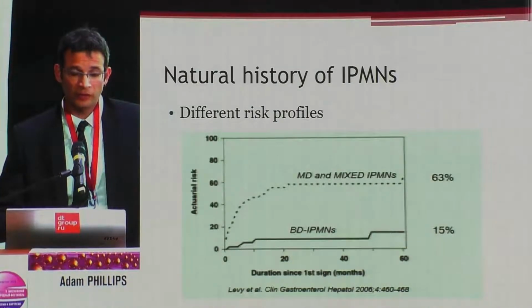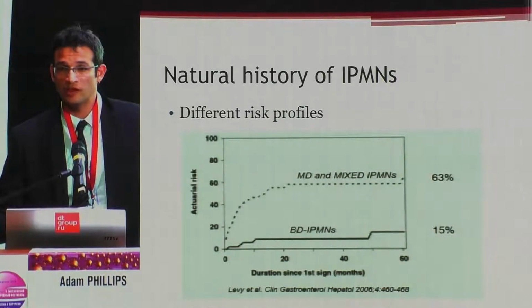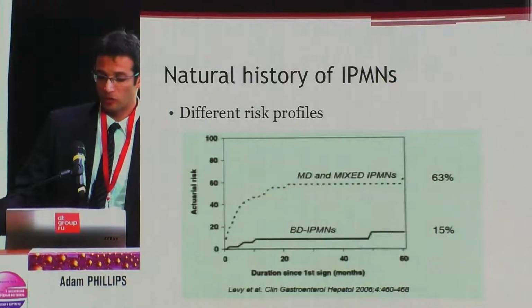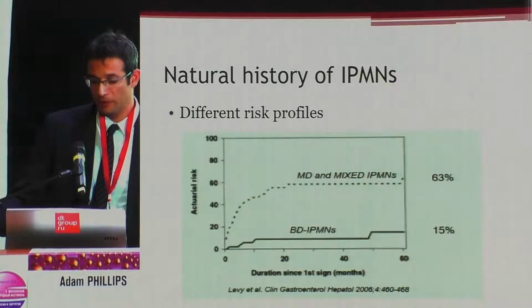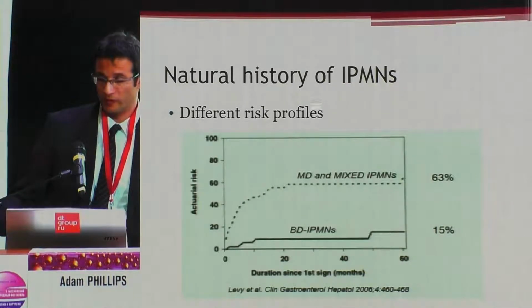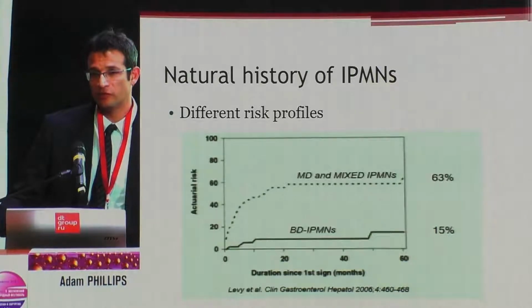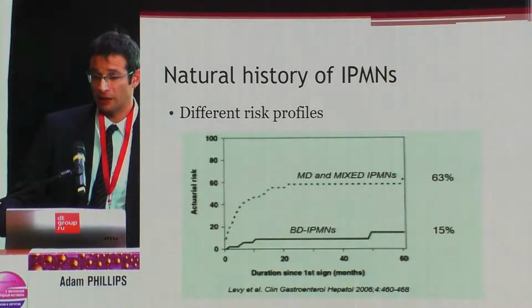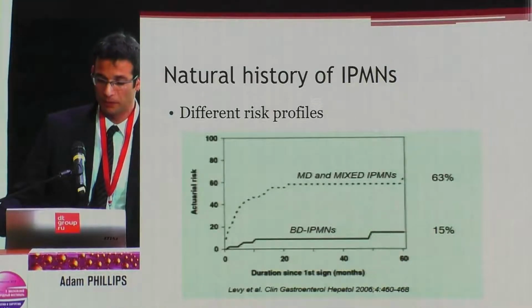Now let's talk about the natural history of IPMN when we are subdividing the risk profile of BD IPMN and main pancreatic IPMN. We see that if we are surveying the people with IPMN, there is a big difference between branch duct IPMN and main duct IPMN and mixed duct IPMN.